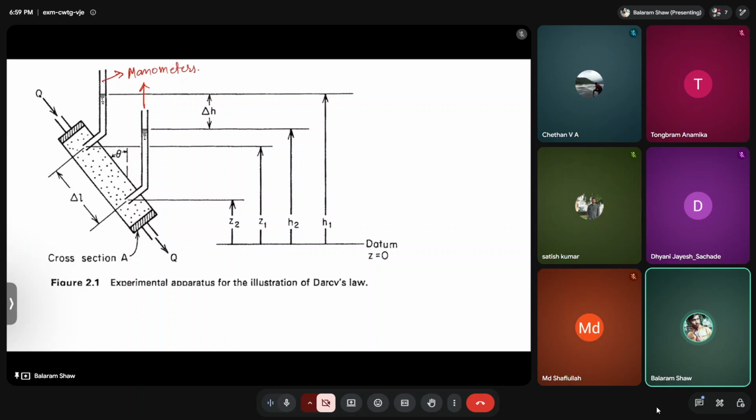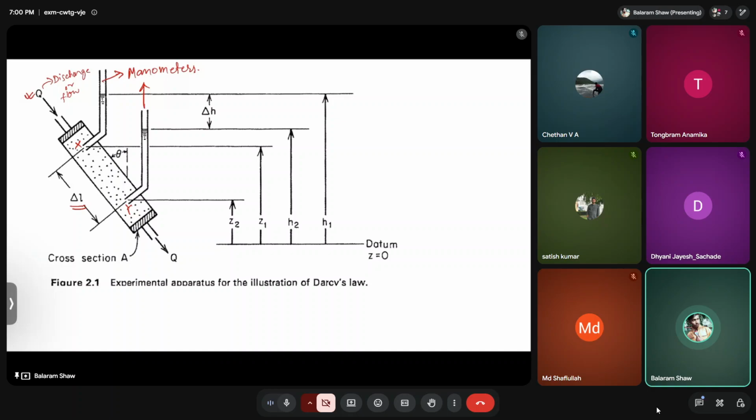So let us consider this point as x and this point as y. Then we call del L the distance between x and y, measured along the direction of flow. Here Q is the flow or discharge of water. The direction of flow is from x towards y.